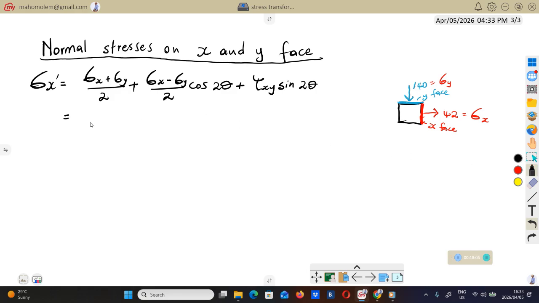Now stress X is tensile, it is going to be 42. We take tensile as positive, compression as negative. So plus is tensile, minus is compression.